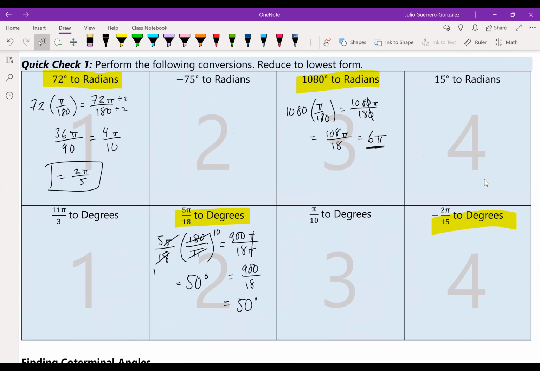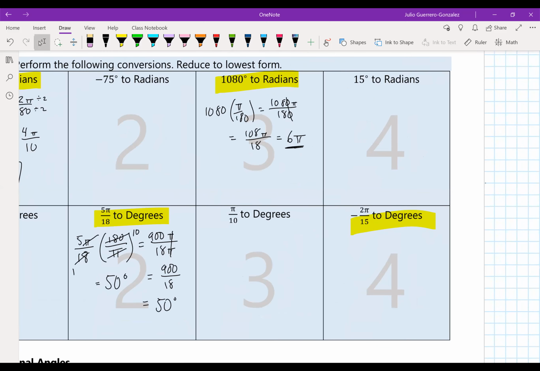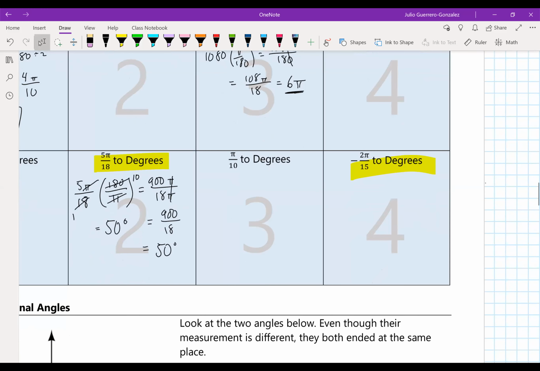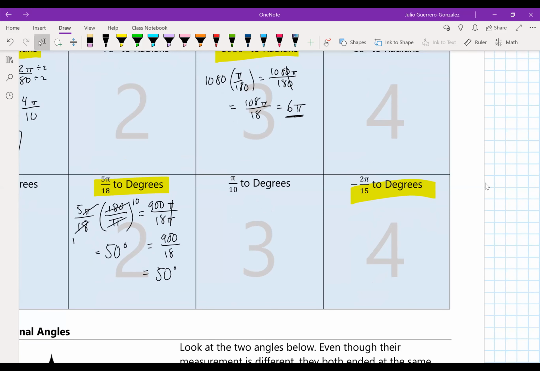Okay. Three rotations. Yep. Okay. Last one. Negative 2 pi over 15. Just how we were doing positives, you can do the negatives the same way. So negative 2 pi over 15. What do I multiply it by to get to degrees? 180 over pi, right?